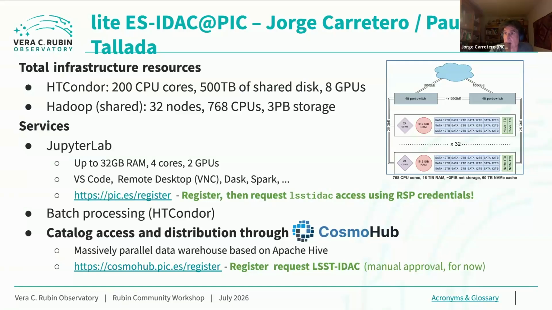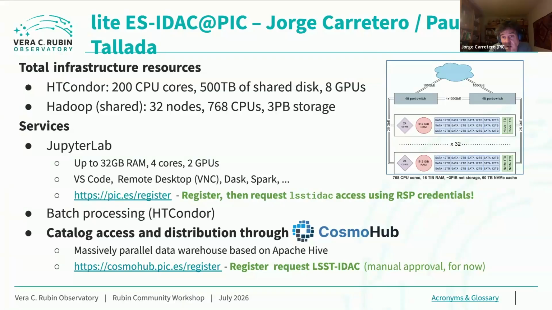Regarding the services we provide for Rubin users, they can access JupyterLab, and you can see the characteristics of each of the sessions: up to 32 gigabytes of RAM, 4 cores, and 2 GPUs. There are several other additional applications, such as Visual Studio Code or remote desktops. We also provide parallel computing, such as Dask clusters, as well as Spark.